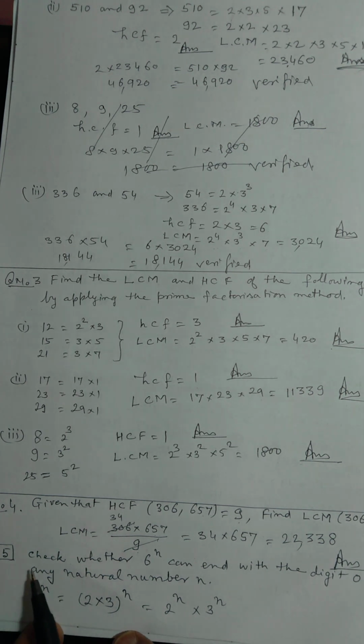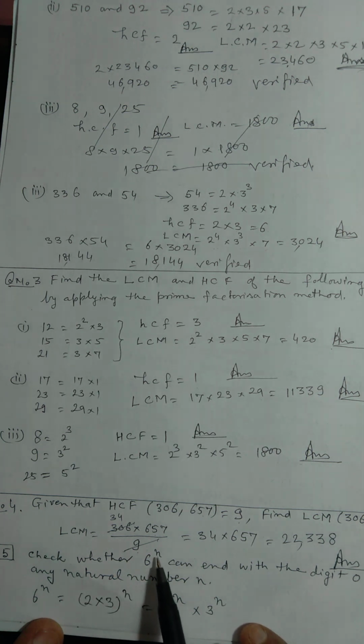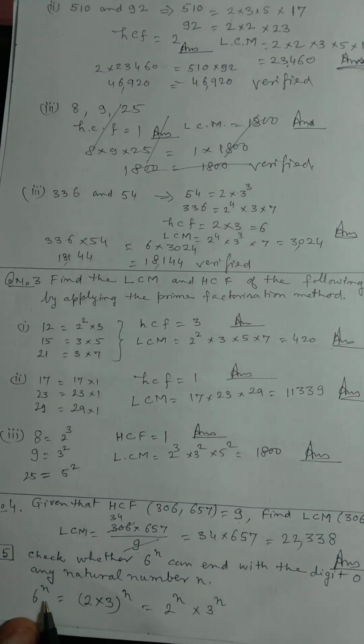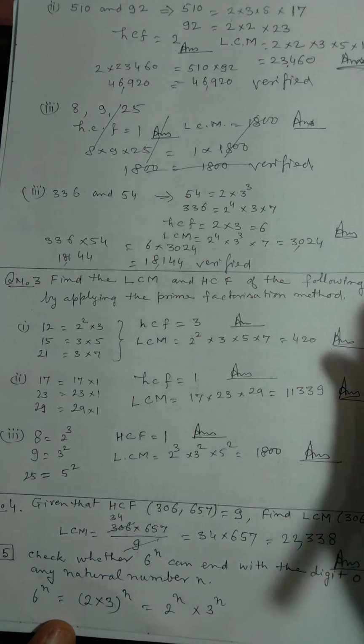Question number 5. Check whether 6 raised to power n can end with the digit 0 for any natural number n. If you factorize 6 raised to power n, it is 2 into 3 whole raised to power n, which can be written as 2 raised to power n and 3 raised to power n.